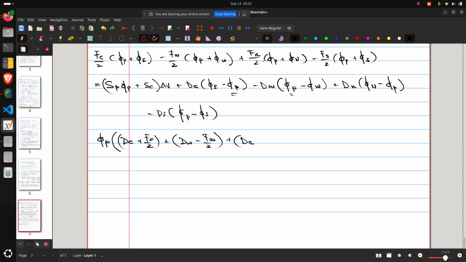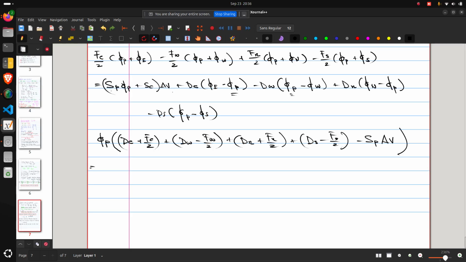Then small n: dn plus F small n by 2. d south minus F south by 2, right, because F south is negative, plus the source term, sorry, this will be minus SP delta V, right, which comes from this term.